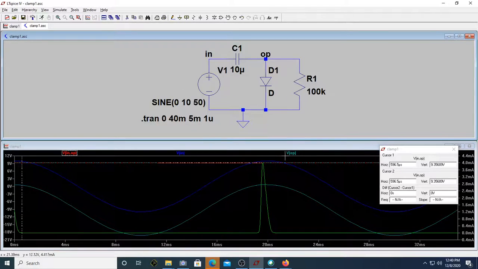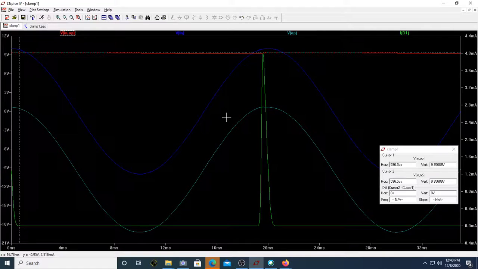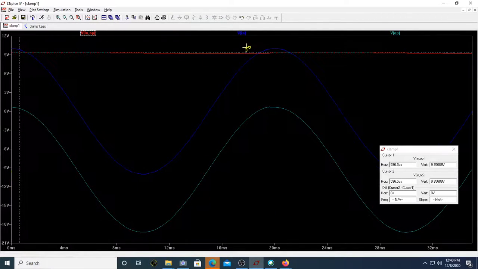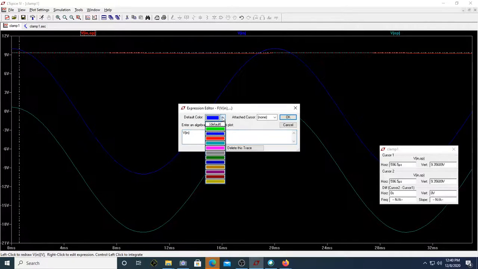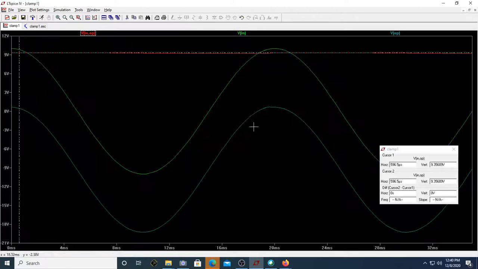Let me take out all others except the input and output. I will delete this current. Can you see this is my input voltage, which is blue in color? Let me take this in a different color. This is green. You can see this is the input voltage, it's about 0.